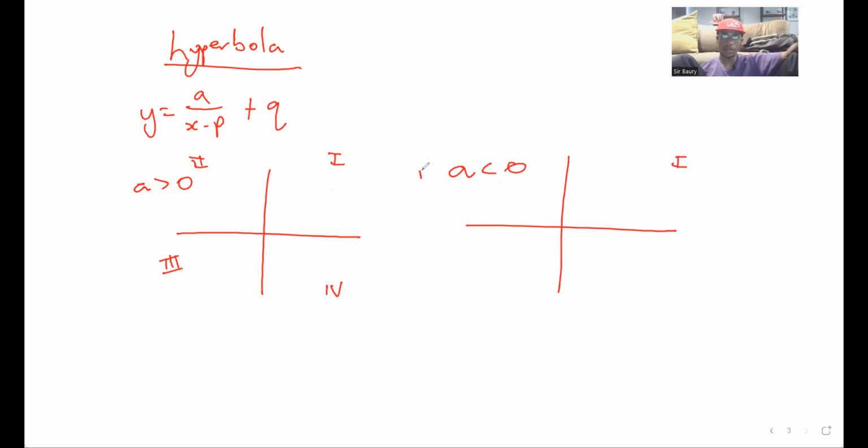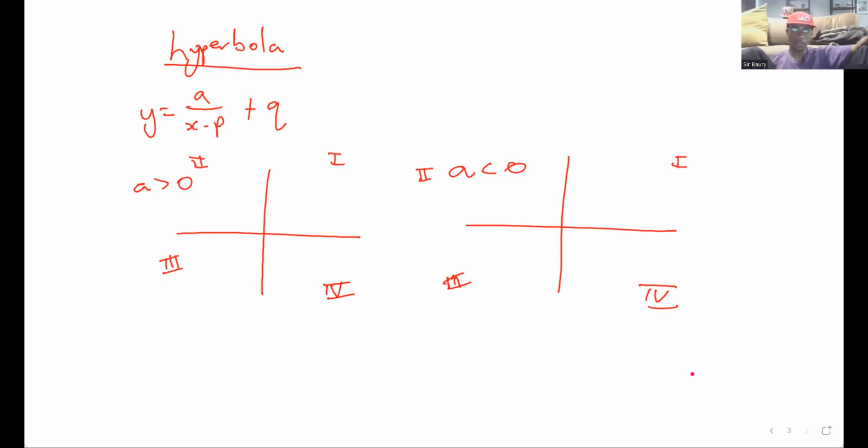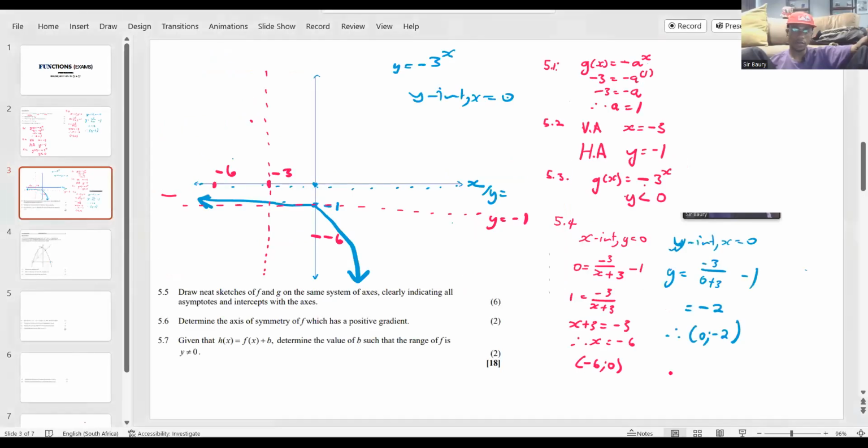If you look at this function here, it's not touching the asymptote.